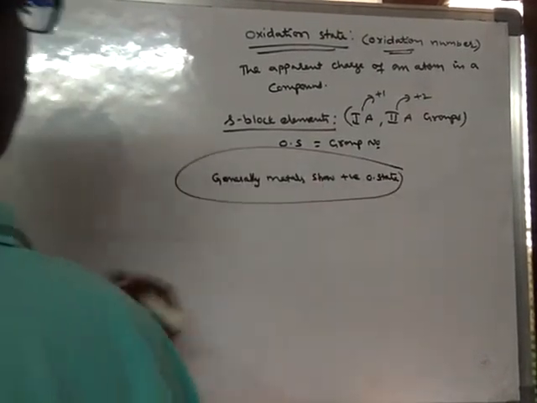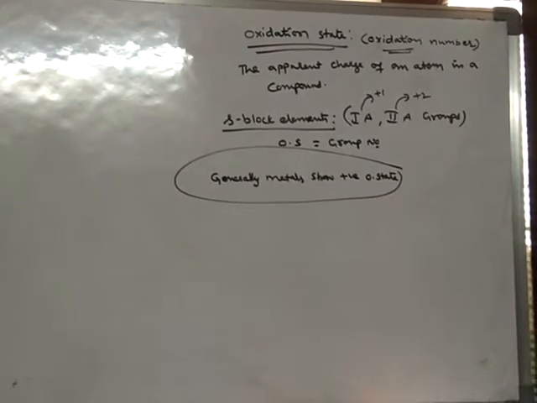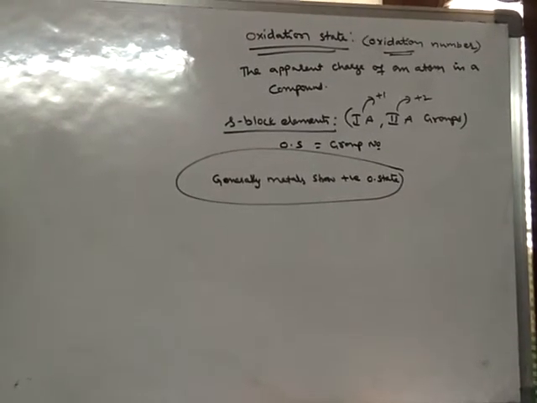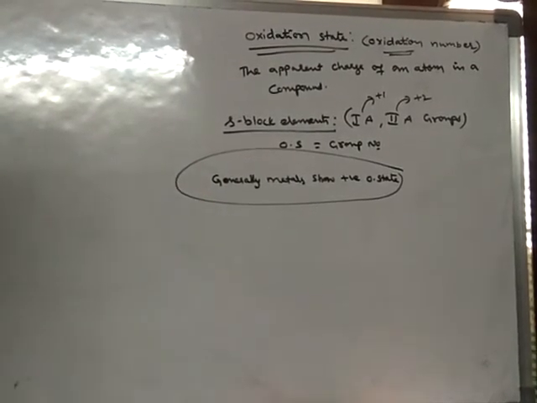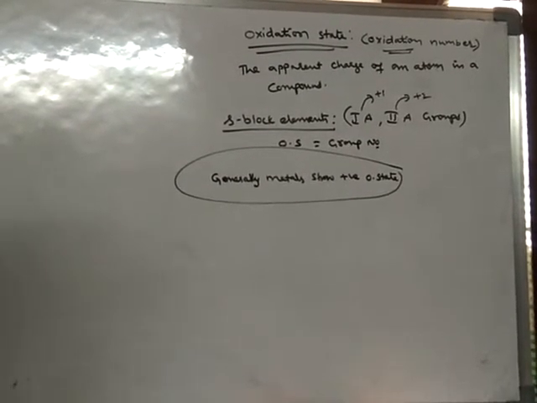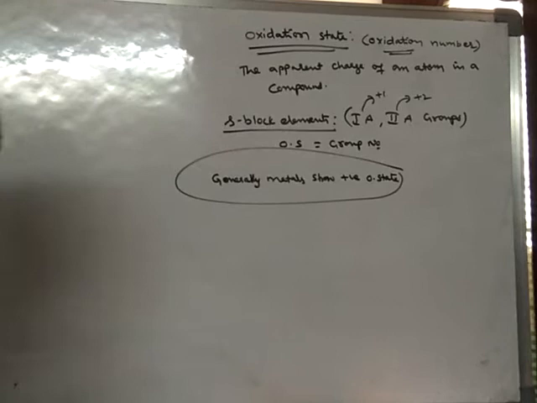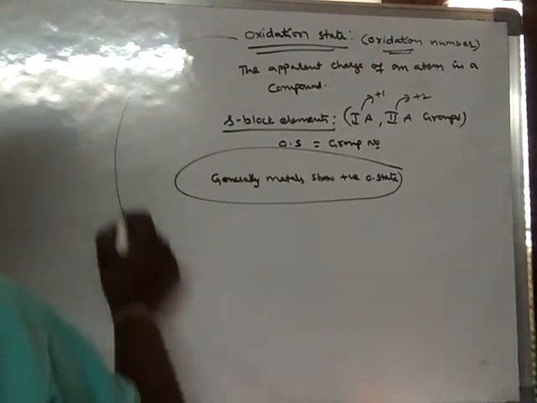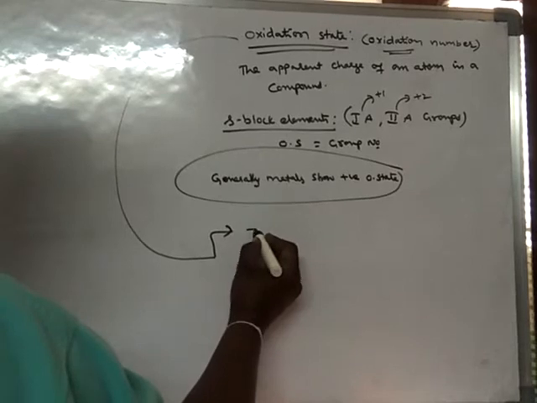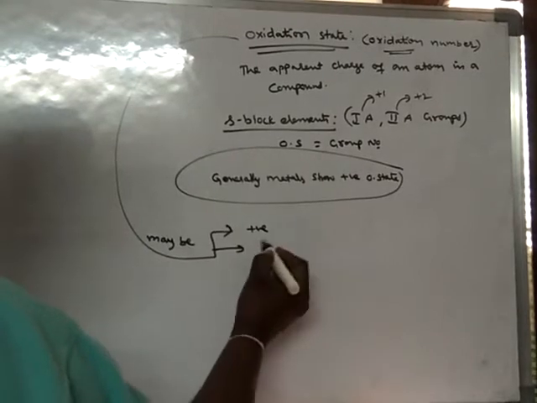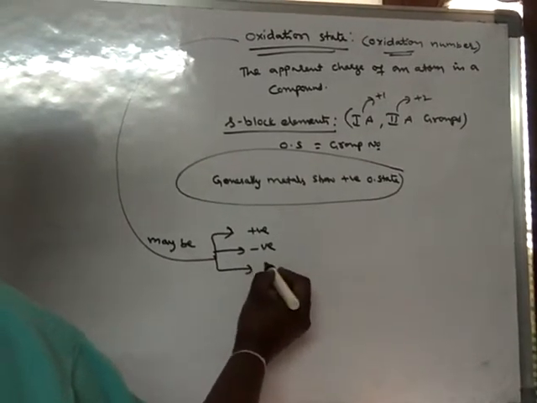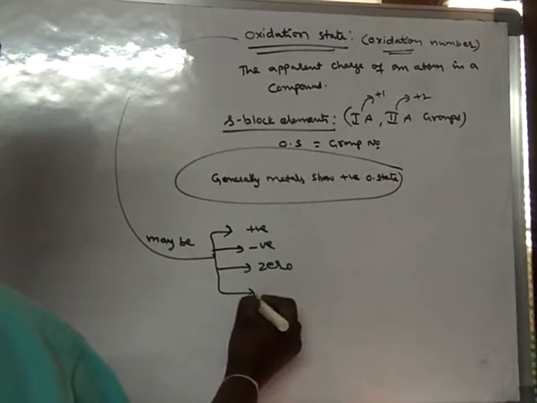Sometimes some non-metals also show positive oxidation states. See, generally what do we say regarding oxidation state? Oxidation state may be positive, may be negative, may be 0, or else may be fractional also sometimes.